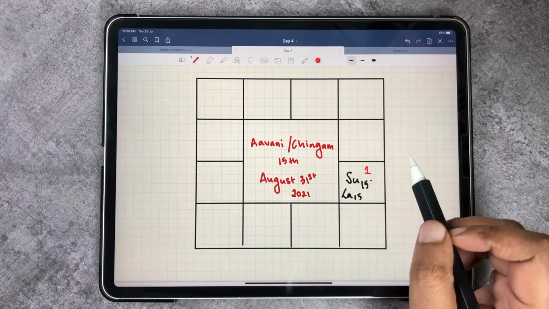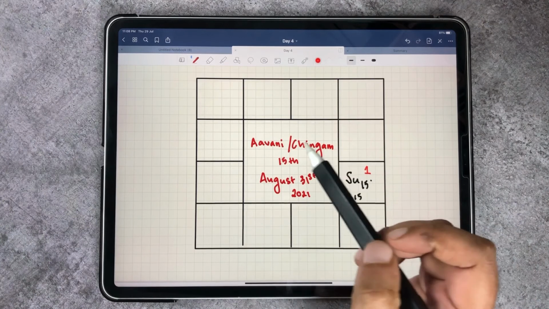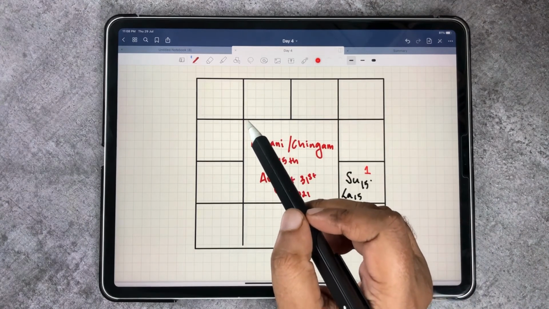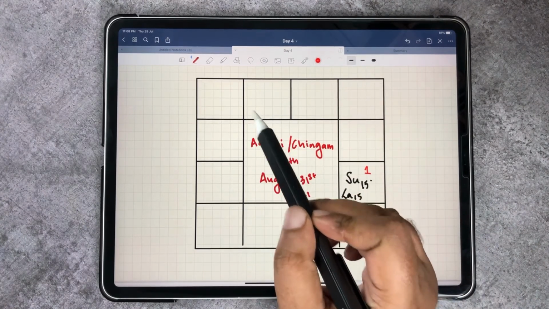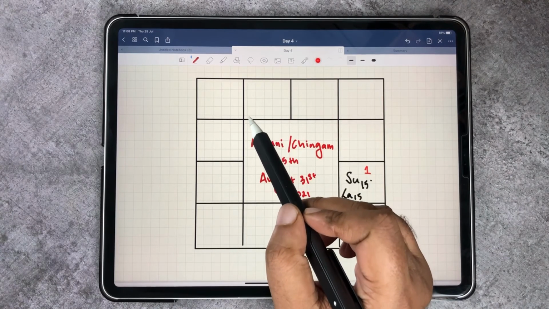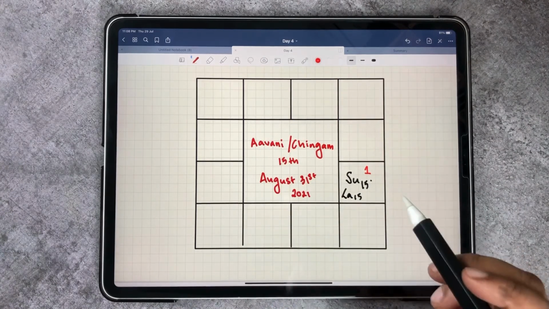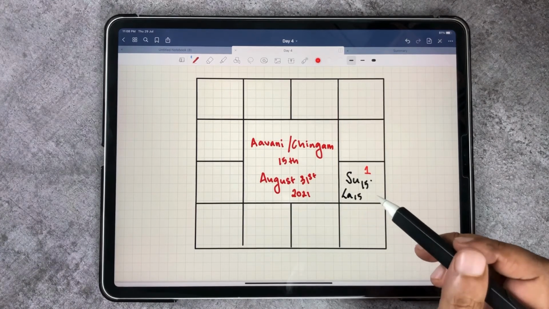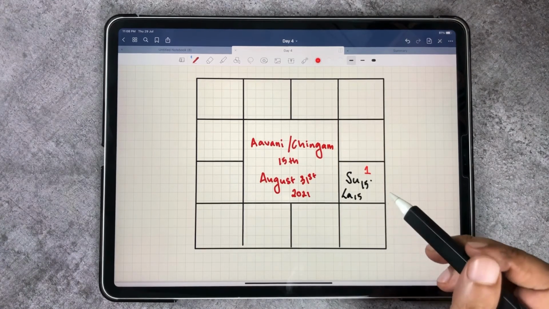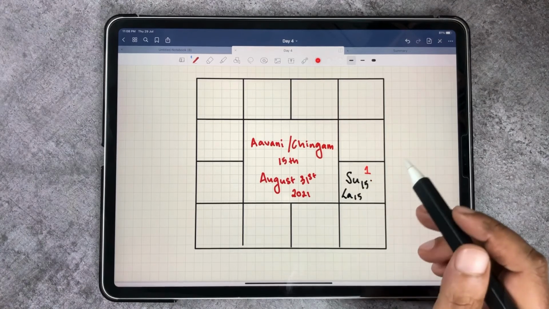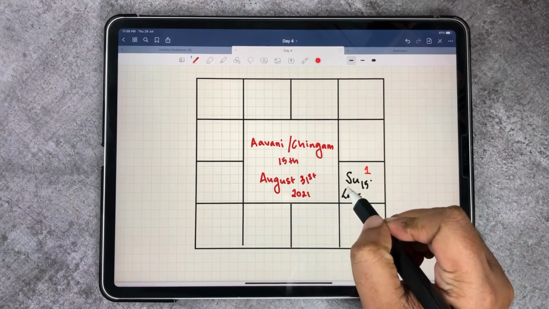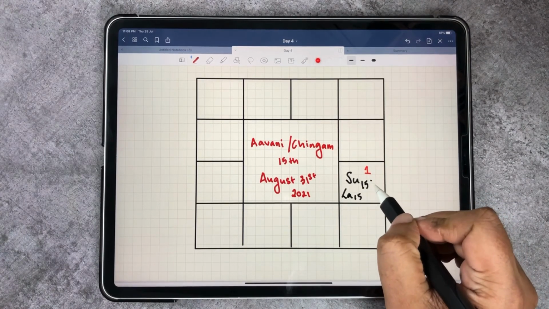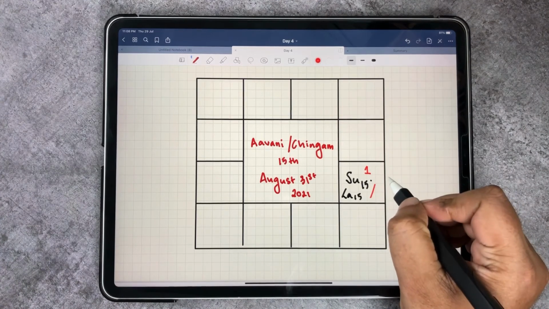Till now, what were we doing? Till now, we considered the starting point of the Rashi from Mesha Rashi because it is the first sign of the Kala Purusha. But now, since we are considering it for an individual and since we have found the Lagna or where the Lagna is placed, this would be represented as LA or a slash.